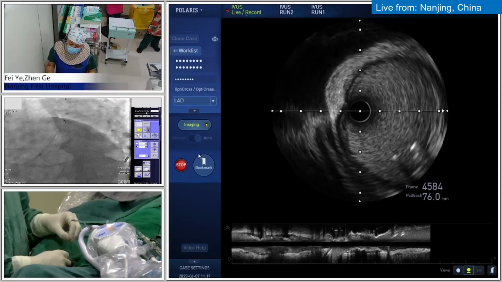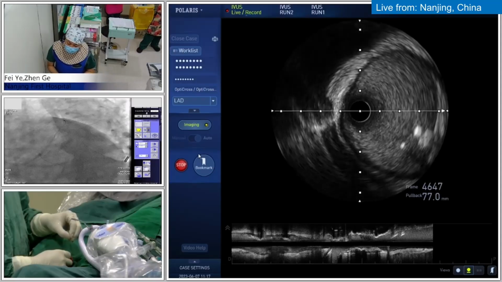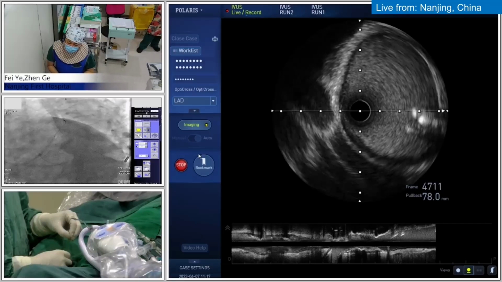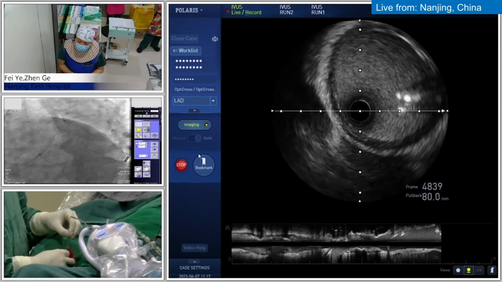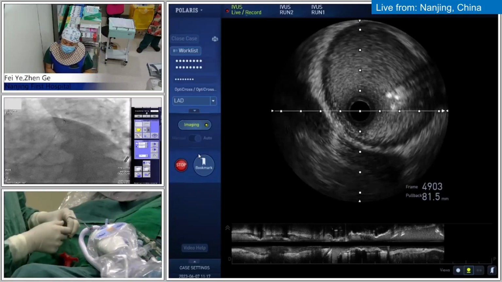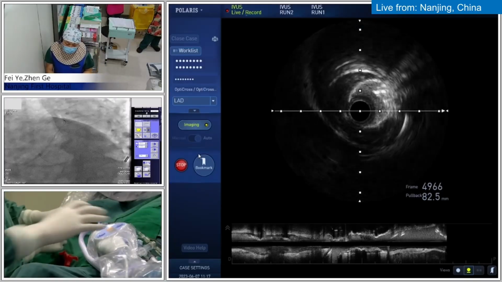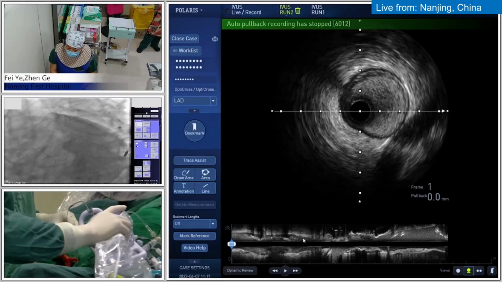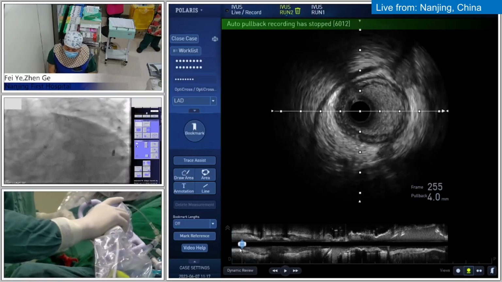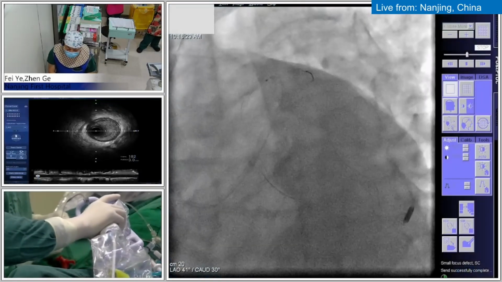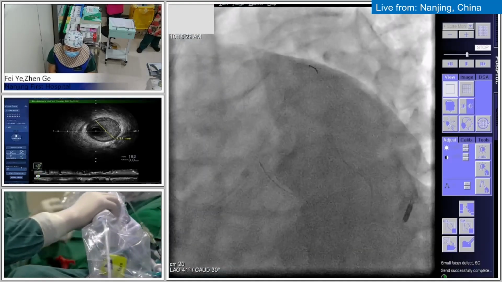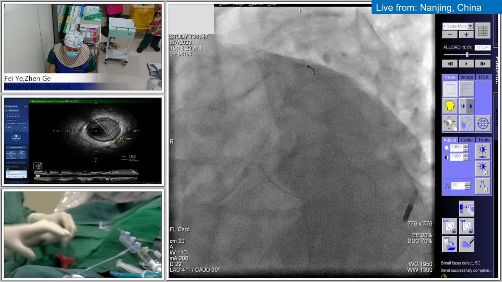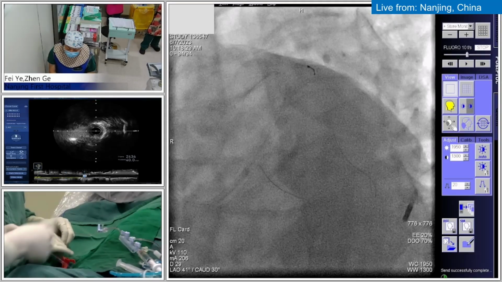And here, this is the proximal left main, and the proximal left main is normal. Okay, guiding, to the guide. Yes, from the IVUS from the LED to the left main, we can get a lot of data.